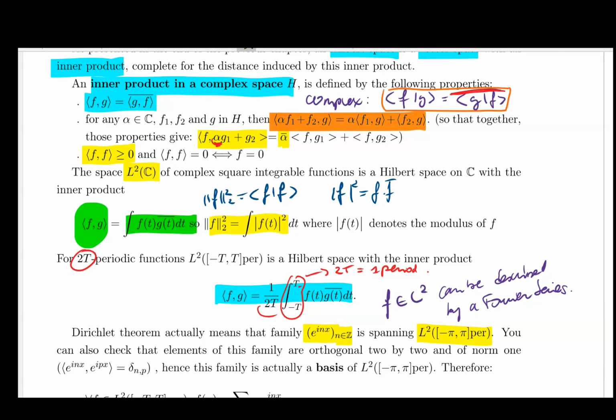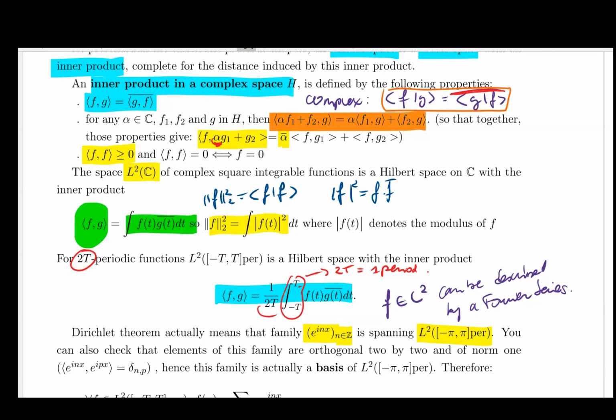Spanning just means that any element can be described as a linear combination of items of the family, and it happens that we're going to need all of them. That's an infinity of spanning elements to create the infinite Fourier series.